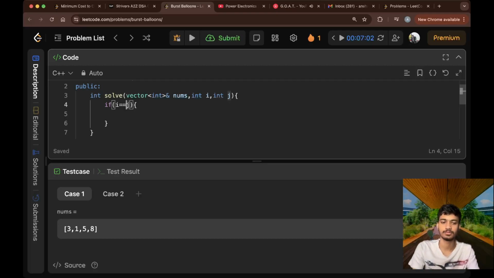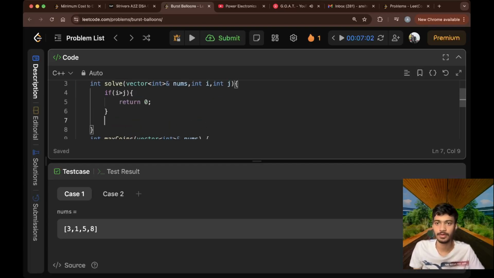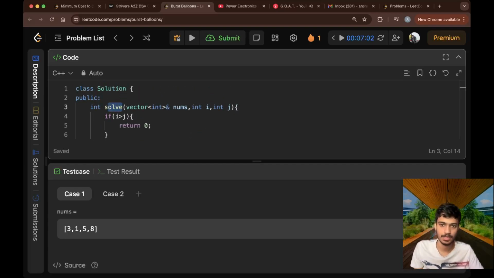But it's not possible. It's the base case of this, i greater than j. What will this function give us? This function will give us the maximum cost.